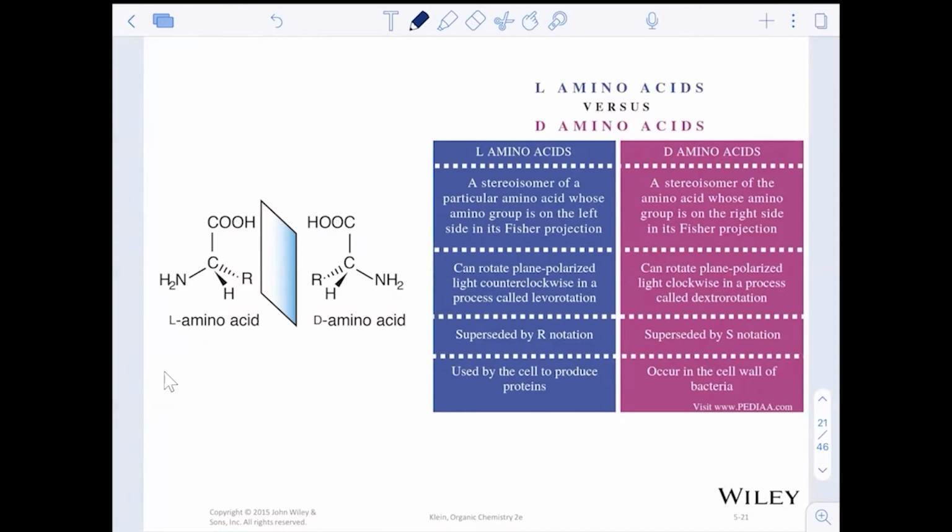But what's really important to know is the D amino acids, the same structure, just the mirror image of it, is actually not used in our bodies at all. It occurs in the cell wall of bacteria, though, and it rotates plane polarized light in the opposite way, clockwise. And so we'll see that these ideas of chiral centers are extremely important, even though it might be something that, well, it's the same molecule, right?